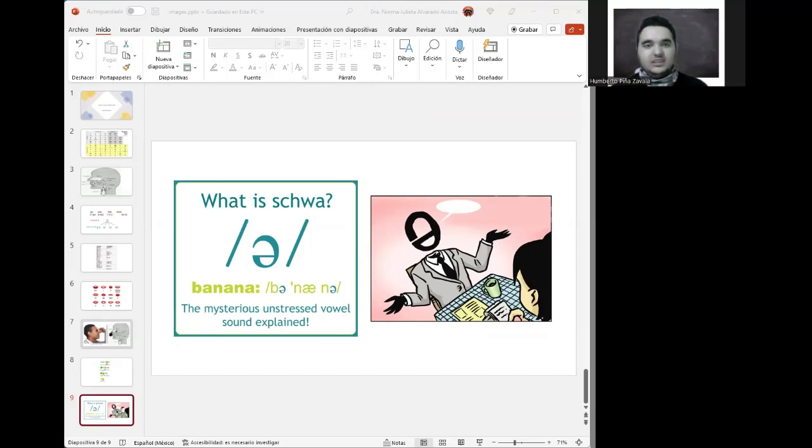Vowel reduction is when a vowel is not pronounced or is pronounced differently. The main example is replacing the vowel sound with a schwa. For example, peanut butter. Instead of saying peanut, we say peanut.